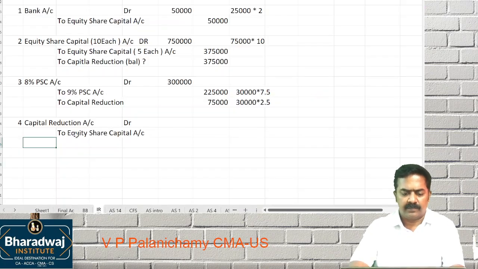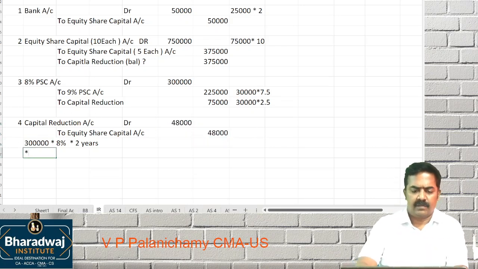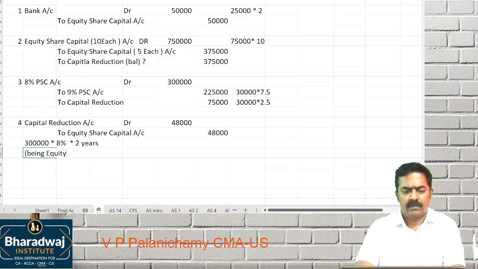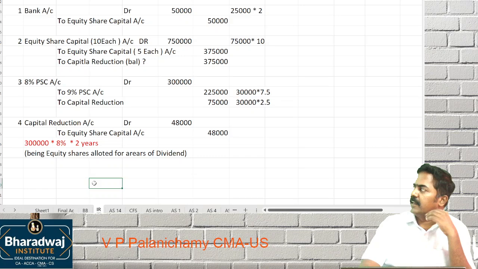For how many years do we have to give? We have to pay for 2 years, and 1 year is foregone. We are allotting equity shares of 5 each for that. That 1 year foregone, no entry, because it's not a recorded liability. Take it out.